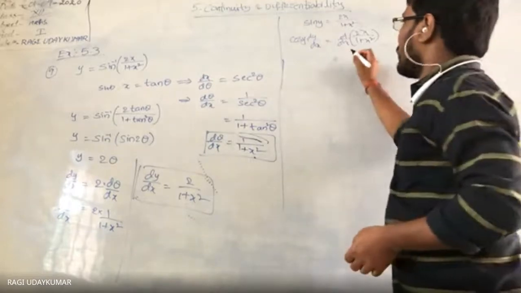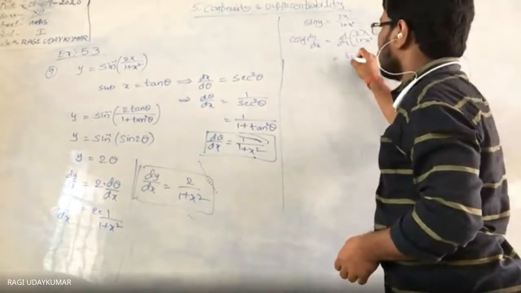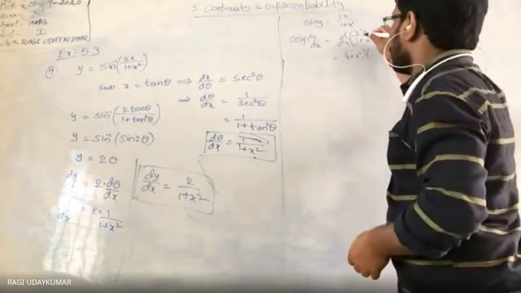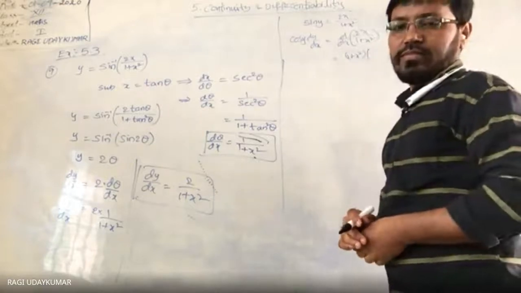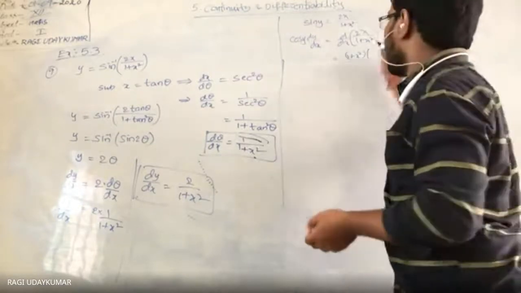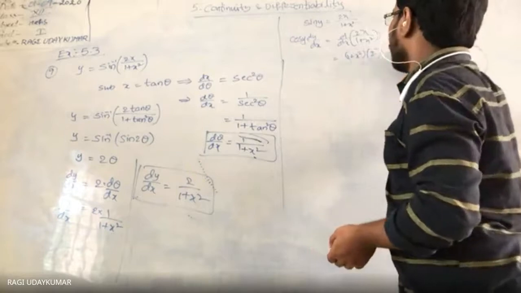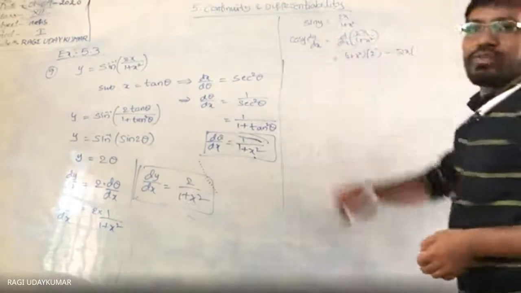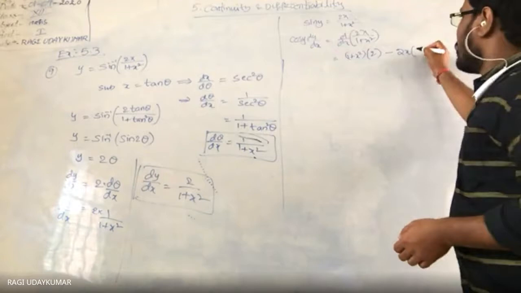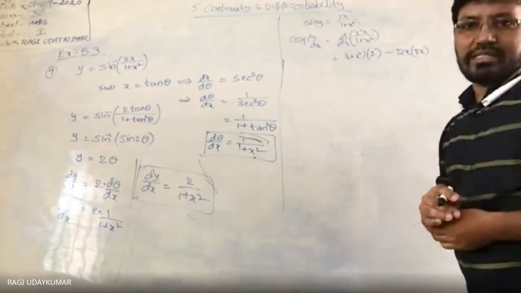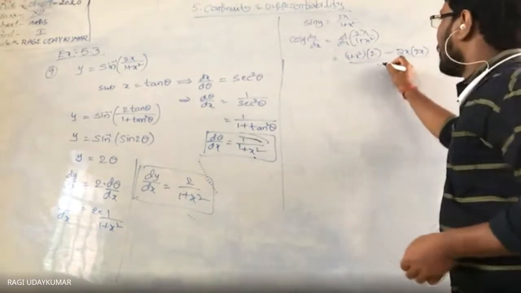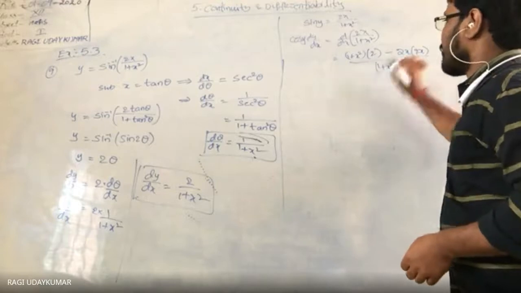U by v. So that means 1 plus x square into differentiation of the 2x, which is 2, minus 2x into differentiation of 1 plus x square, which is 2x, all over 1 plus x square whole square.